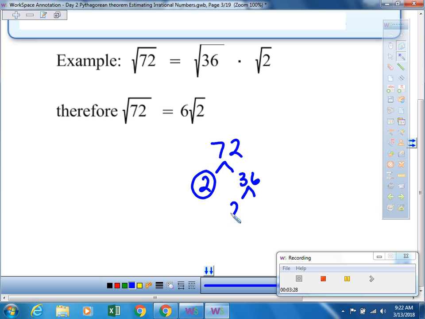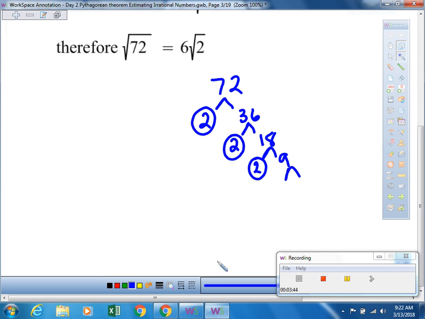So you're going to say, I have 2 times 18. And then I can still break up 18. 2 times 9. Can I break up 9 into prime factors? 3 times 3. So here's all my prime factors.